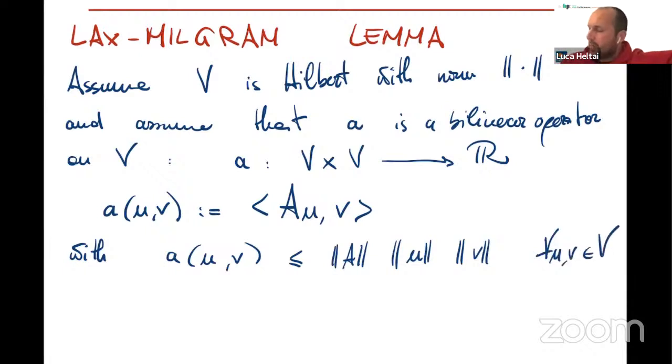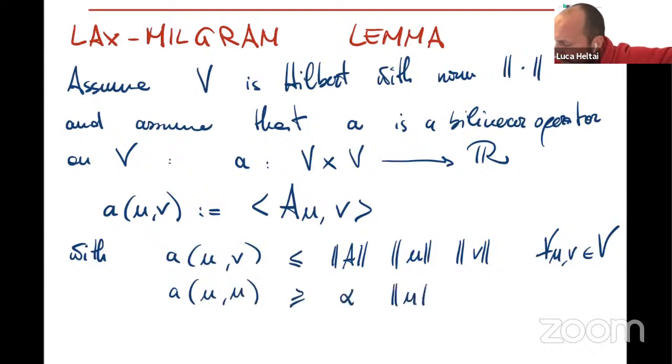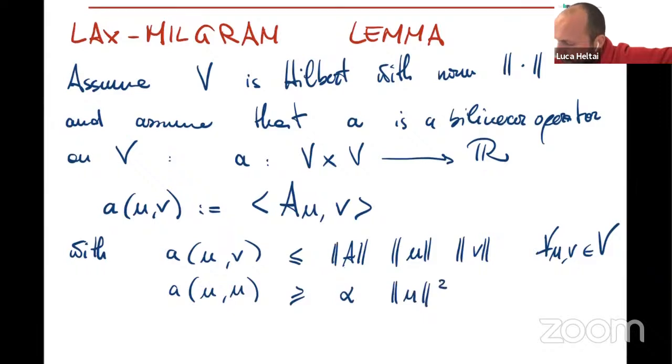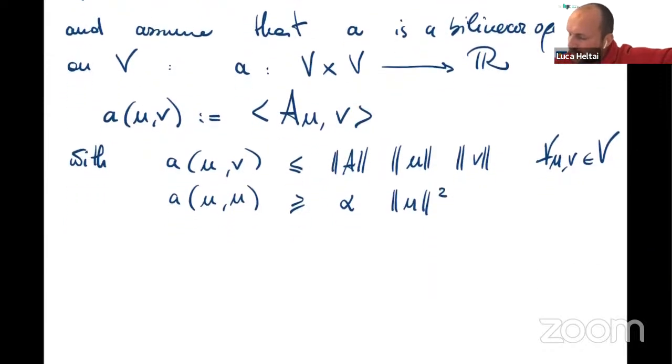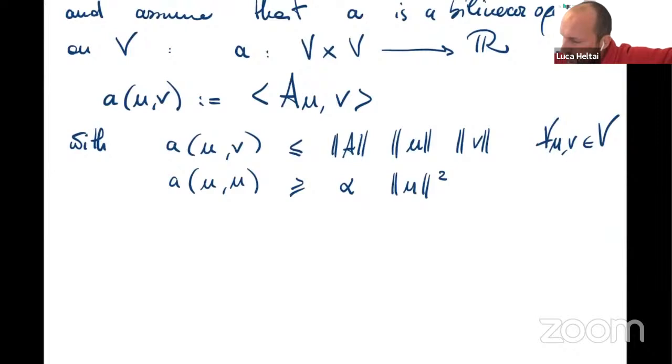And the second assumption is that A of U applied to U is greater or equal than a constant alpha times the norm of U squared.